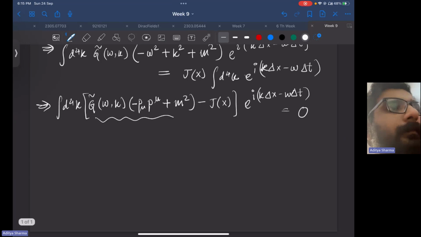Now this expression is true for every omega and k. This means that every omega and k are being integrated upon, so for every x and t, therefore this should mean that the integrand itself is 0.